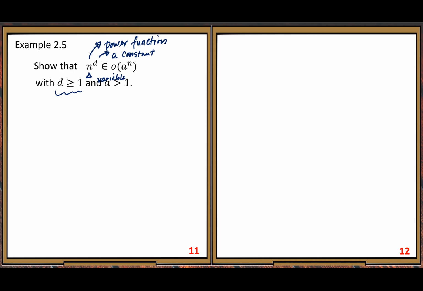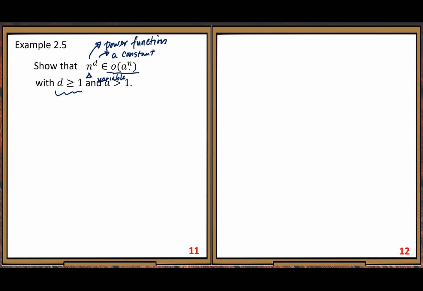Actually, any constant number greater than or equal to 1. And the question asks you to show the power function belongs to little o of the exponential function, a to the n.